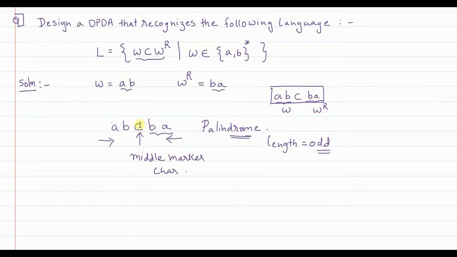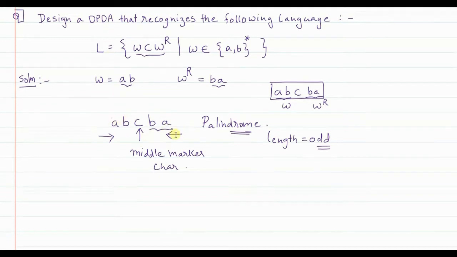And whatever is beyond this middle marker character is the third part of the main string. Before the middle marker character, whatever the string is, the reverse of that will be present after the middle marker character. So we are supposed to design a deterministic push-down automata which recognizes this kind of palindrome strings.